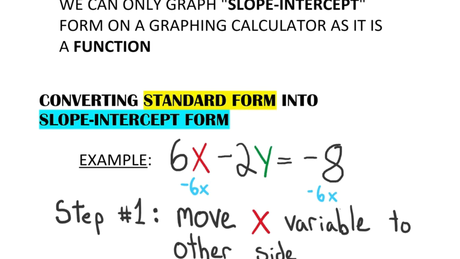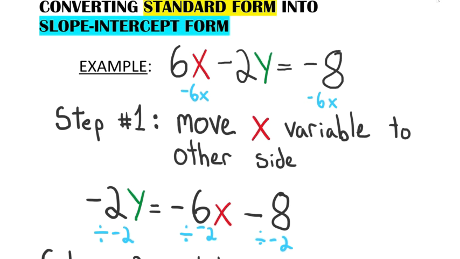In this case, we subtract 6x on both sides of the equation. That way, we end up with negative 2y that is equal to negative 6x minus 8. So there we have step 1, moving the x variable to the other side.